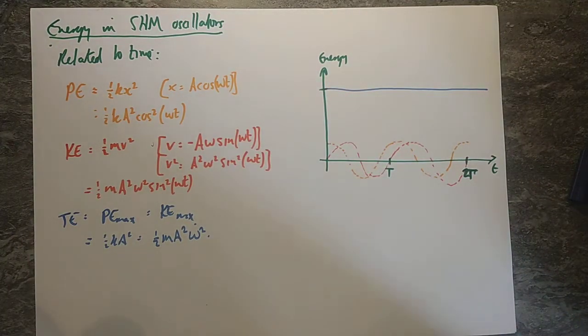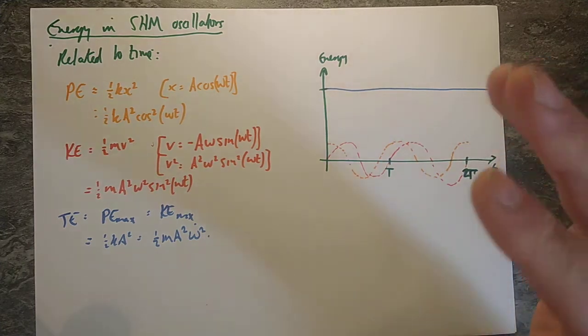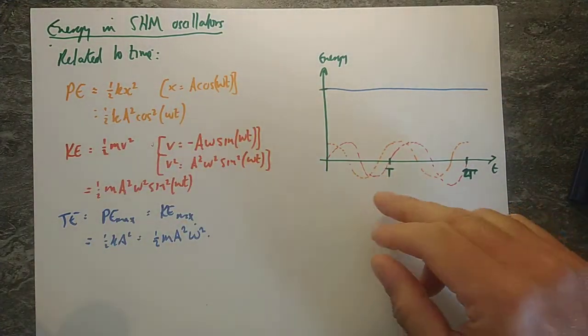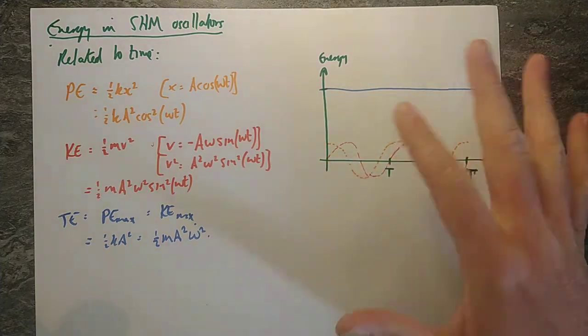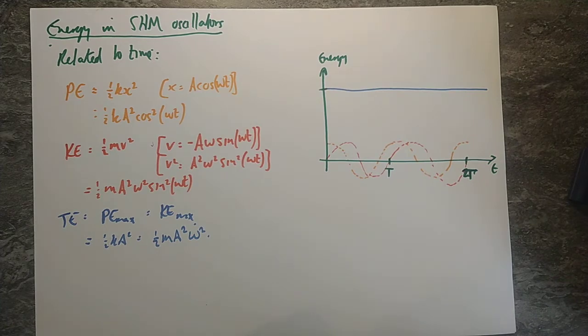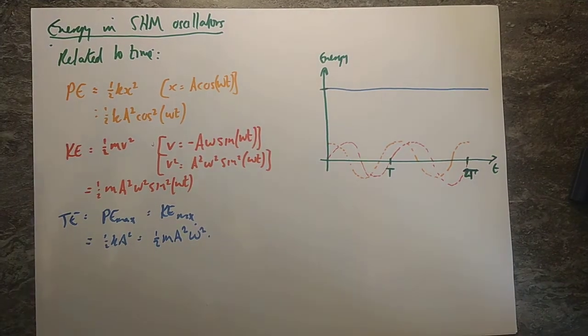So what I'd like you to do is pause the video and try and sketch what the graph of potential energy and kinetic energy is. Use these sketches here as a rough guide about what they're going to look like. Okay, so off you go, pause the video, try and sketch them, unpause it if you want a hint, and I'll start going through it.